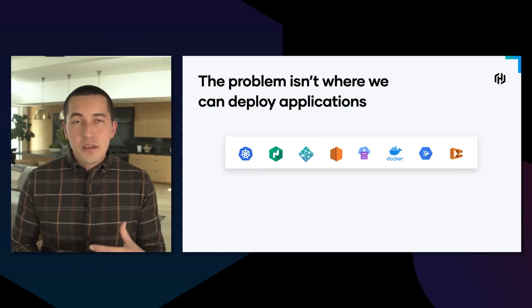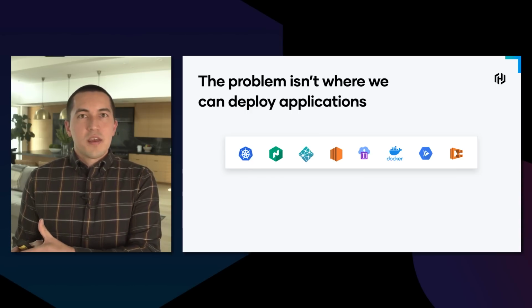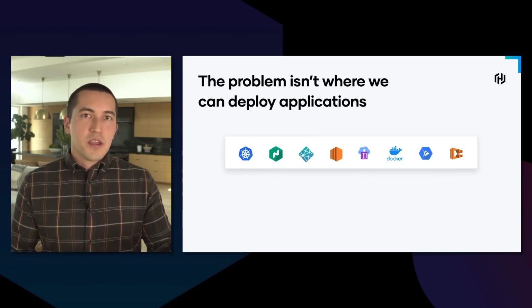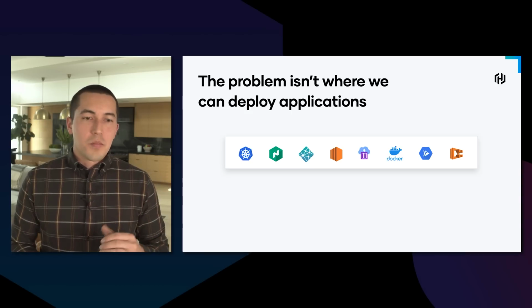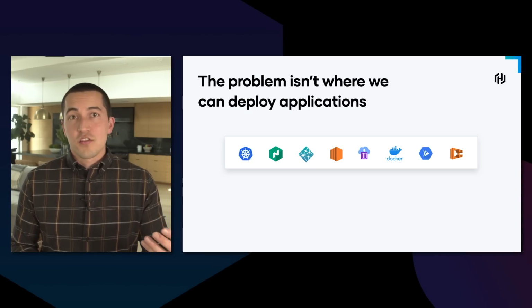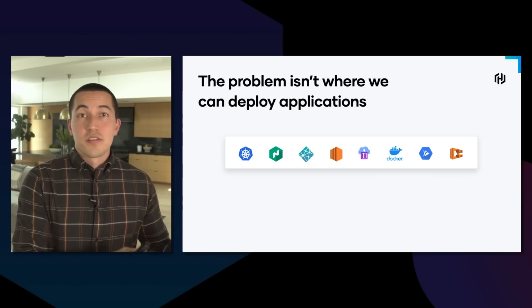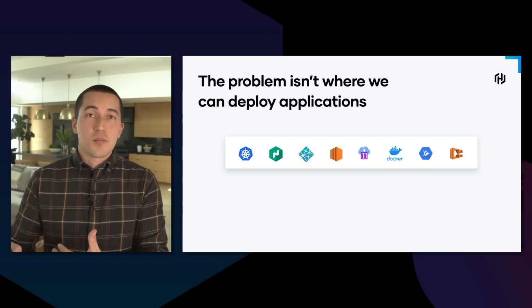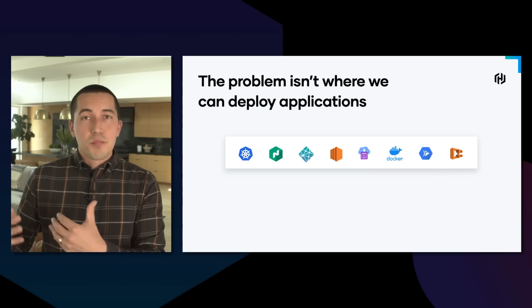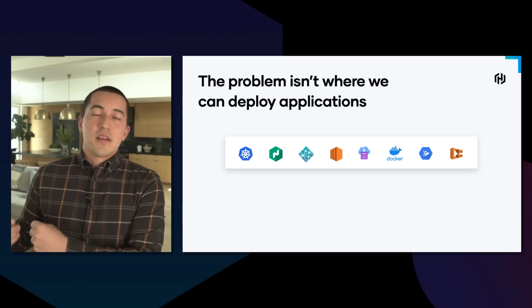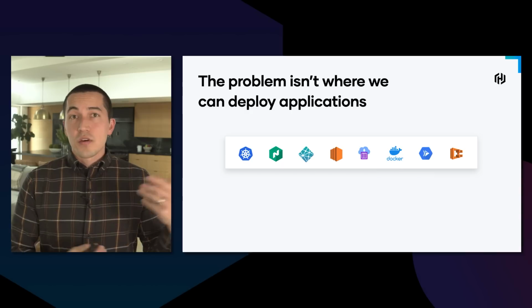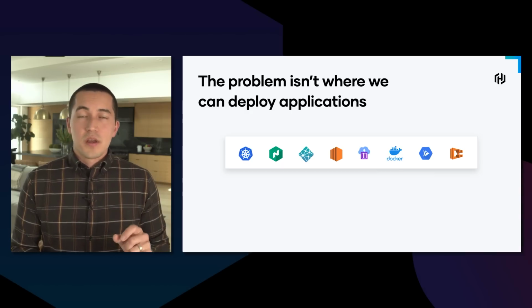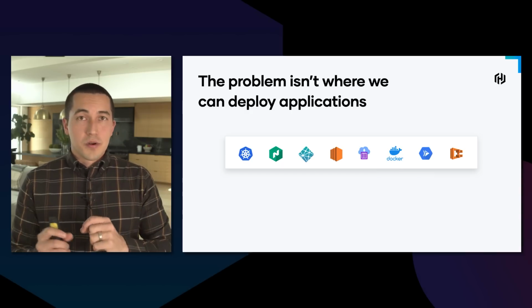To be clear, the problem with these steps isn't where we can deploy applications. Over the past decade or so, we've seen a huge rise in the number of places that we can actually run our applications. We have EC2 VMs. You could still run VMs. We have container platforms like Kubernetes. We have full platform as a service like Heroku and Netlify and others in that space. And now we also have serverless platforms popping up, like Lambda or Google Cloud Run.